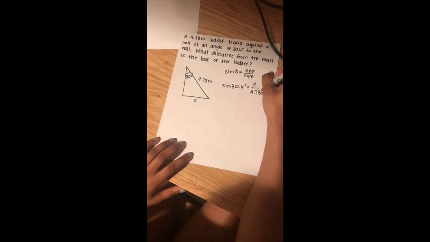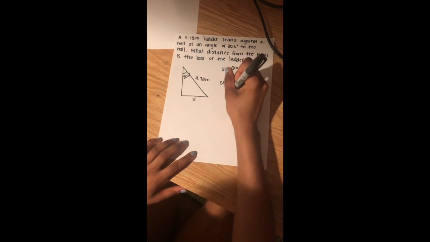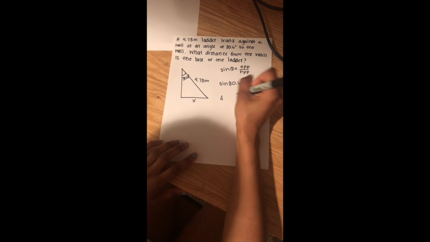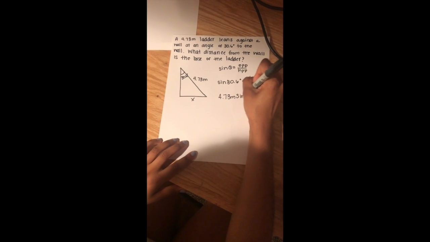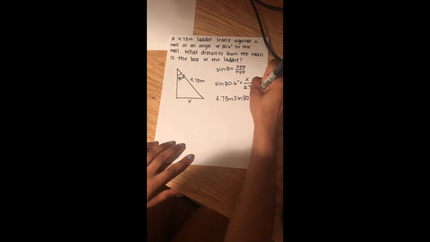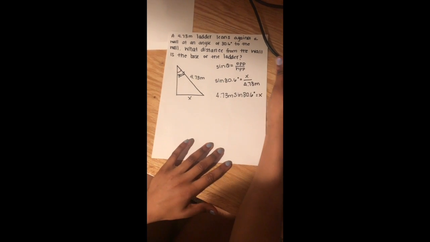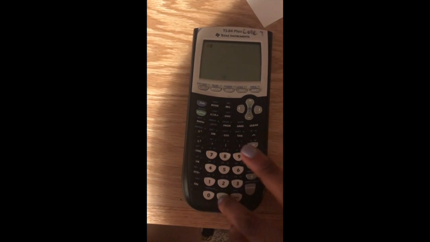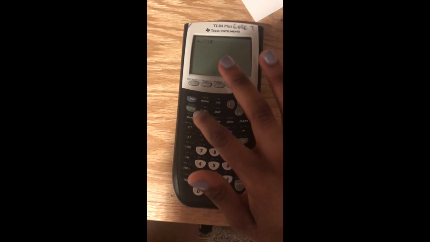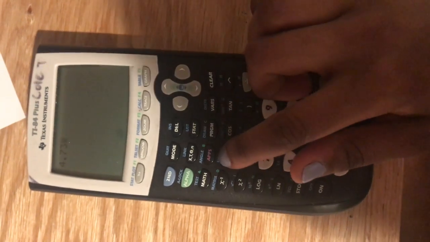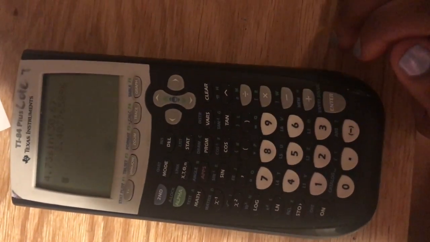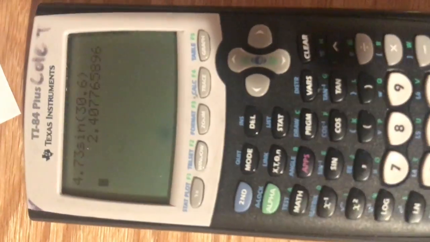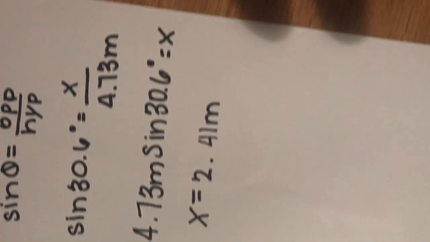Now you multiply 4.73 times sine of 30.6 degrees, and that equals x. Then you plug it into your calculator: 4.73 times sine 30.6. The answer we get is 2.407, which is rounded to 2.41 meters.